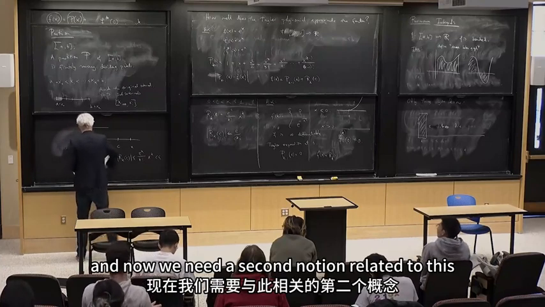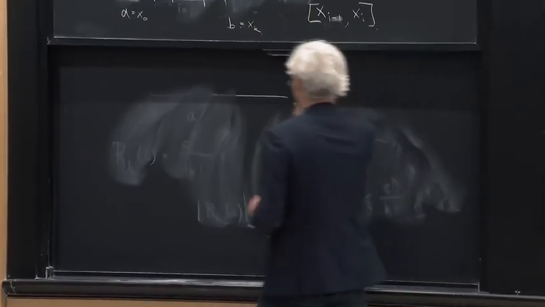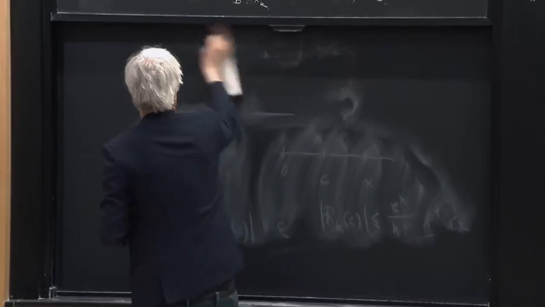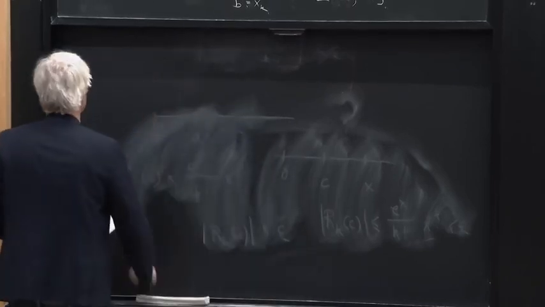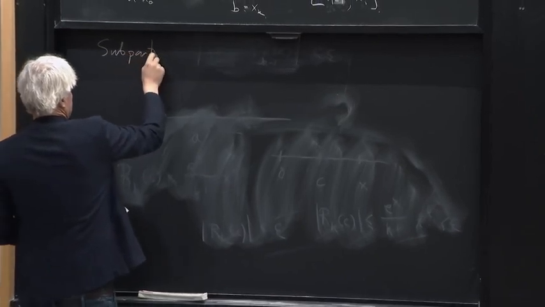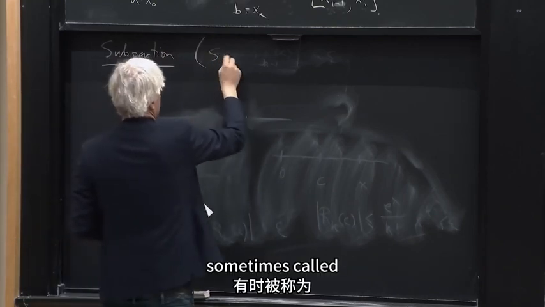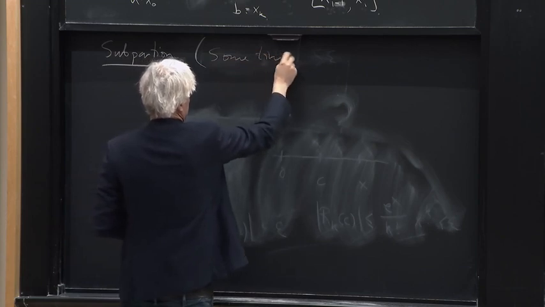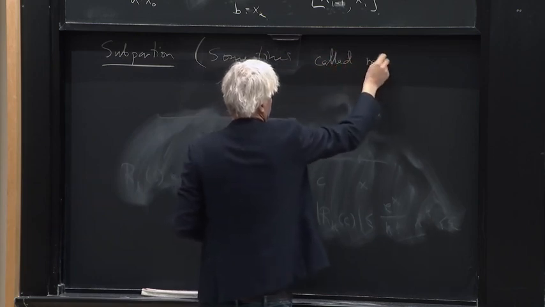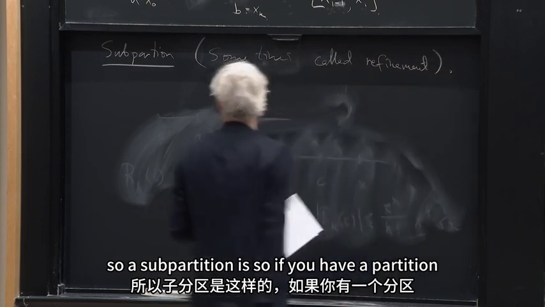And now we need a second notion related to this, and this is a subpartition. This is also sometimes called a refinement.